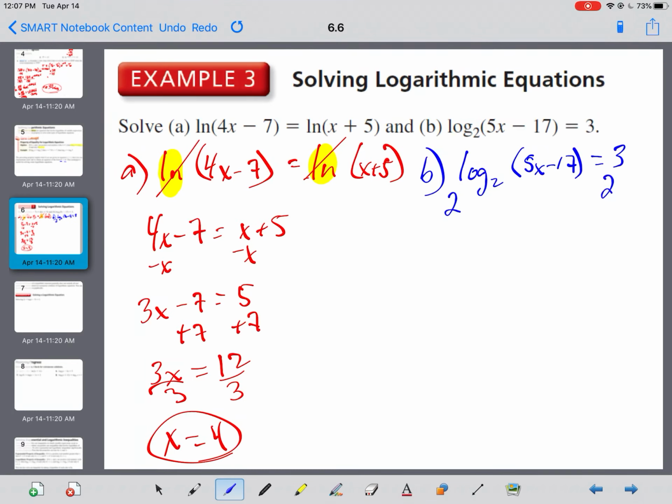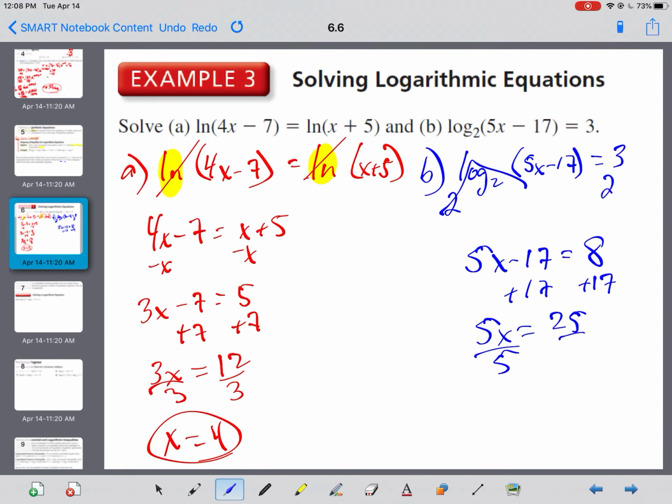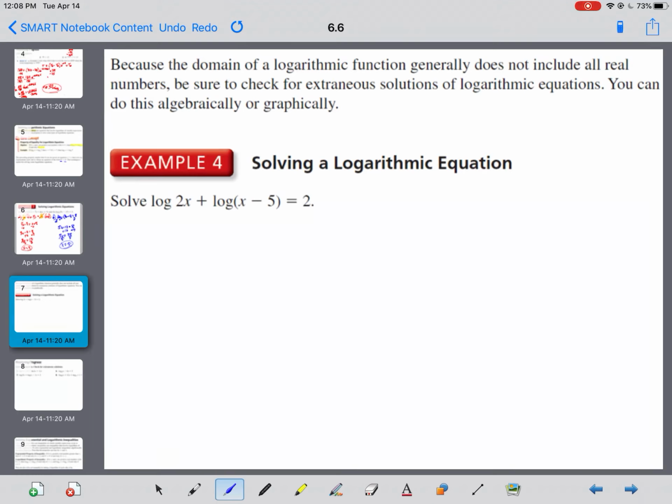So I'm going to say 2 to the log base 2 and 2 to the third. So 2 to the log base 2 cancels out. Leaves me with 5x minus 17. Now it's free from the exponent zone. And 2 to the third is 8. And then I just solve. Add 17. 5x equals 25. Divide by 5. X equals 5.